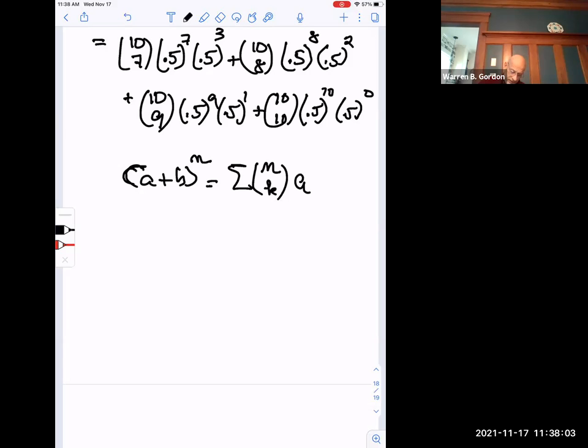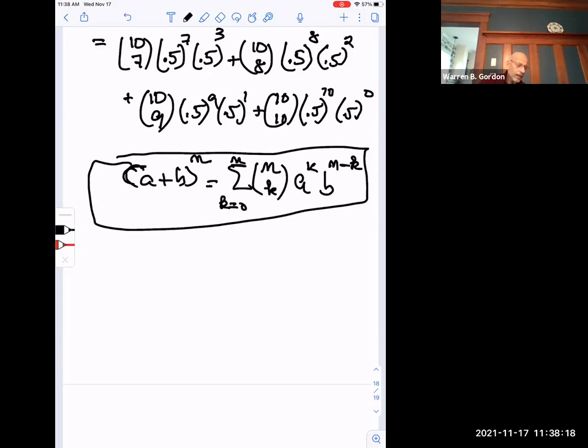Remember this? a to the k, b to the n minus k, k goes from 0 to n. This is important if you want to prove that the sum of all the probabilities of the binomial distribution adds up to 1. And I worked that out for you as well.